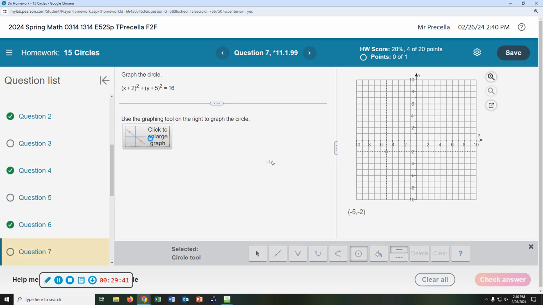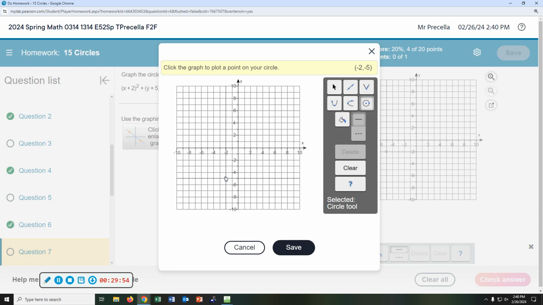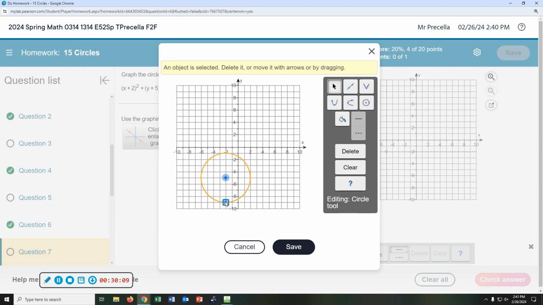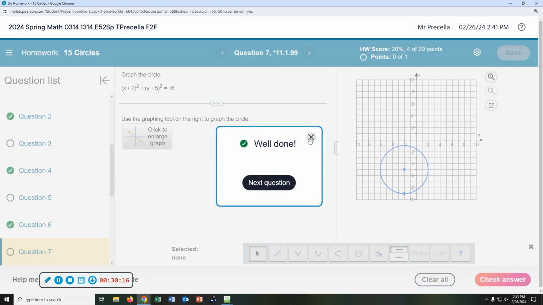That's one of the reasons I prefer to do it here. Now we find the center. What did y'all say it was? -2, and then the radius was 4. Up, down, left, or right? Go down: 1, 2, 3, 4. Click it. Any questions there?